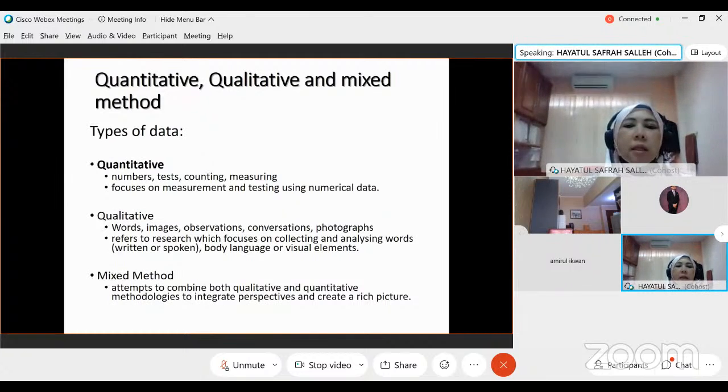Some students use mixed method, some use only one type of data. It depends on you. If you use mixed method, it will create rich findings. However, you will need a longer time to collect all the data, because you combine two types of data collection.